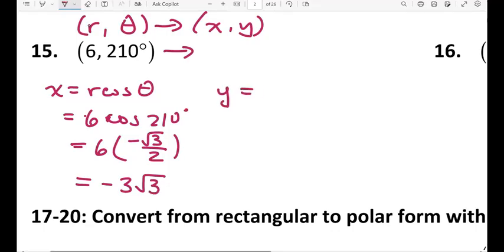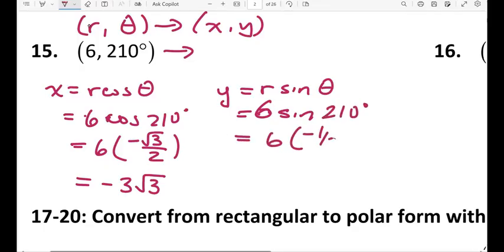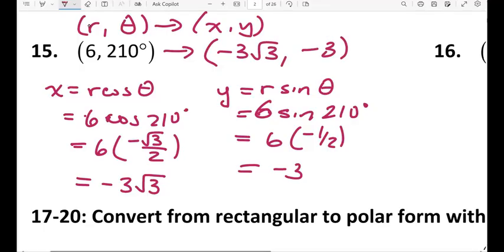The y value is r times the sine of theta, and that's 6 times the sine of 210 degrees, which is 6 times negative a half, or negative 3. So in x comma y form, negative 3 root 3 is the x coordinate, and negative 3 is the y coordinate.